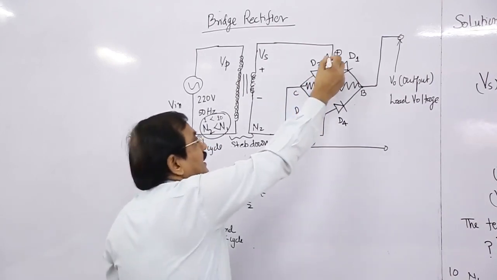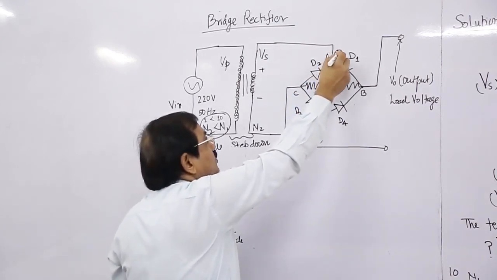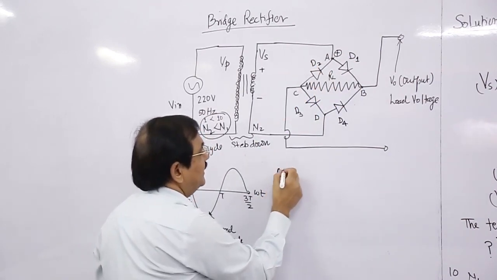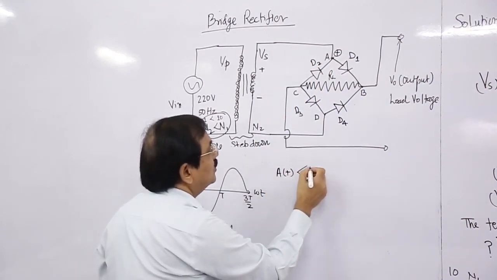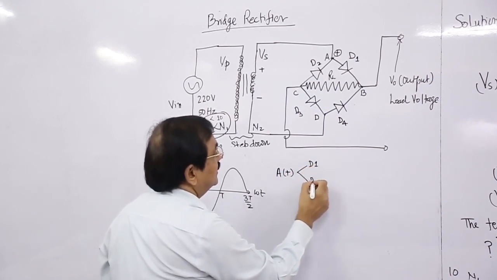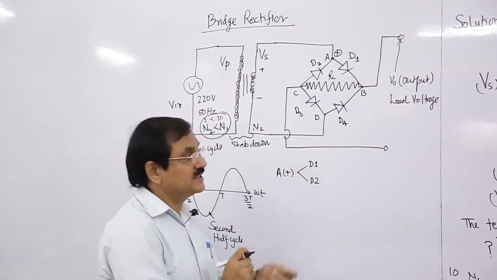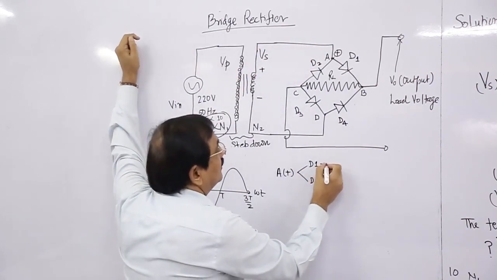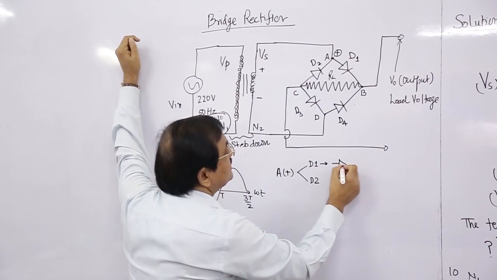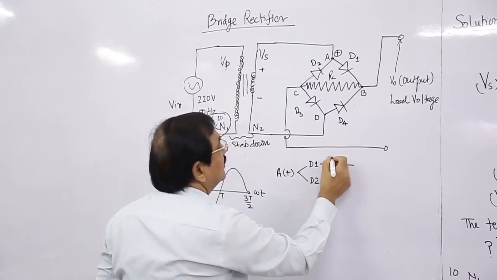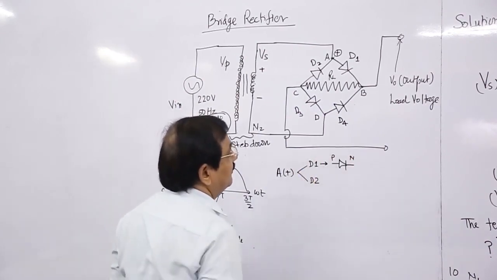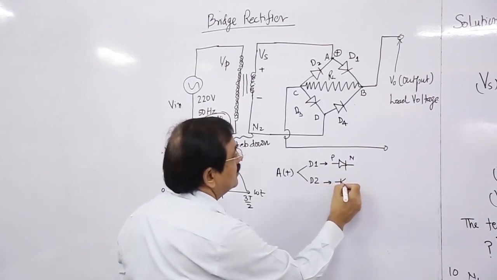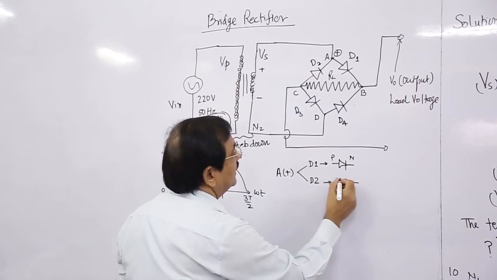So from A, there are 2 diodes, D1 and D2. For diode D1, the connection is something like this. This is P type and this is N type. For diode D2, the connection is something like this.